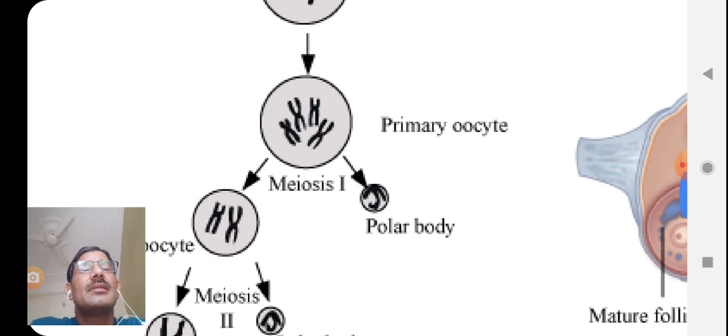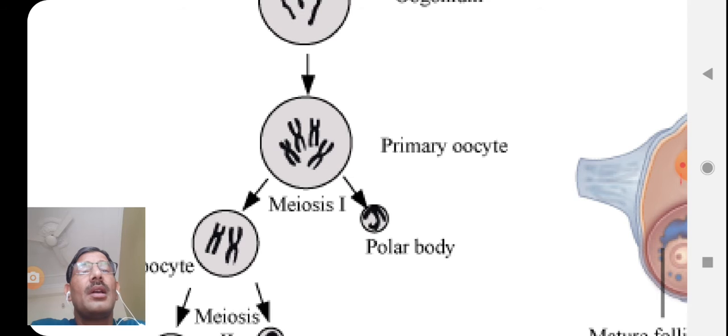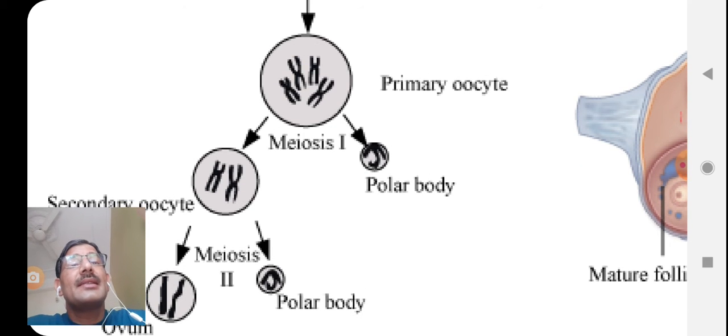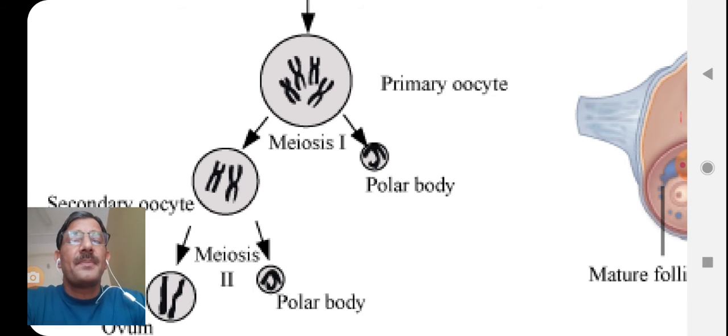A large number of primary oocytes are formed, and the primary oocytes start dividing by meiosis first, and during prophase first this division is arrested temporarily till puberty of the female.